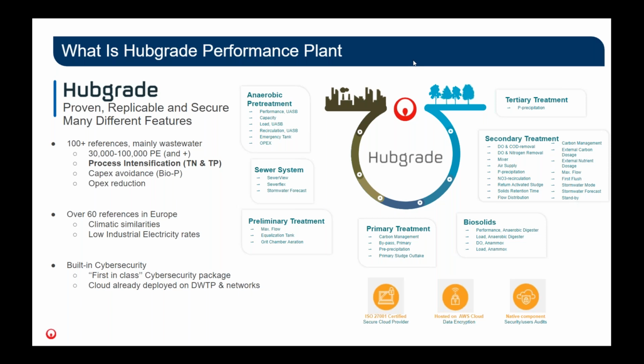Our focus here today is really on secondary treatment, nutrient removal, and on that DO and nitrogen removal. But you can see just in the realm of secondary treatment, there are many different features that are available that all really work together to fully optimize the treatment facility.